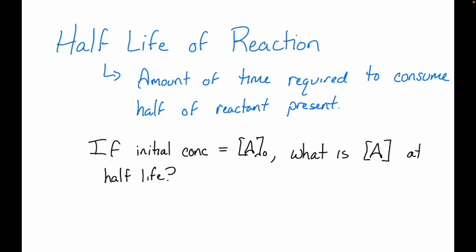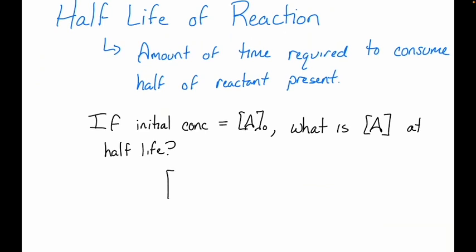What does it mean to be a half-life? It means that half of that reactant that you started with has been consumed. So the concentration of A would equal A naught divided by 2, just half of that initial concentration, nothing crazy. That's what it means to be a half-life.